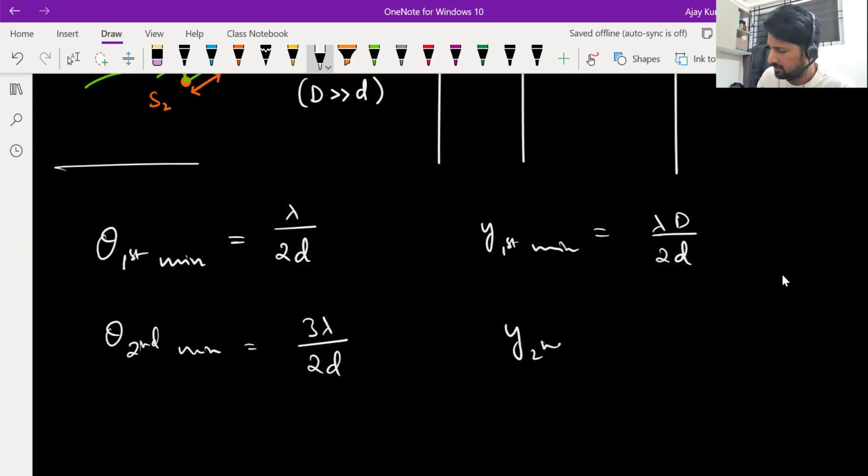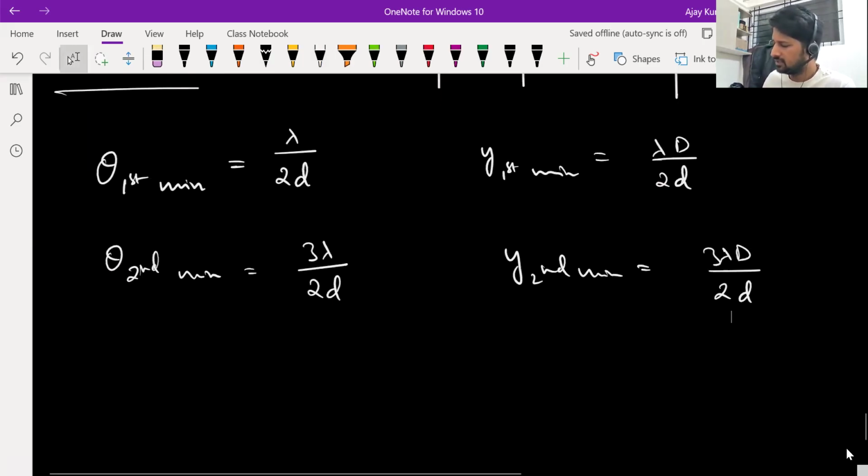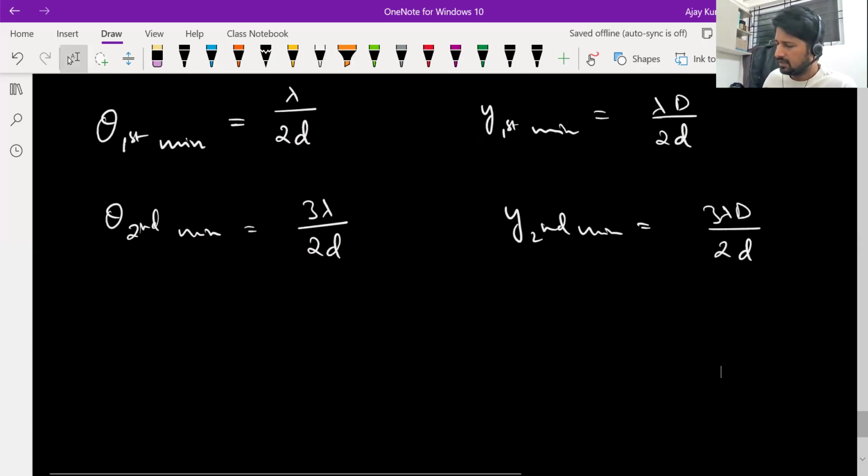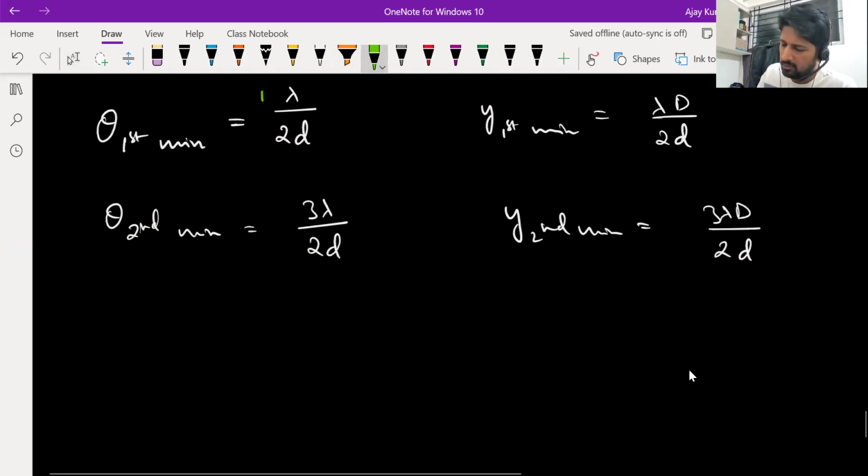Y coordinate of the second minimum is 3 lambda capital D by 2 small d, and so on. We can generalize this. You can see that angular positions of minima are odd multiples of lambda by 2d: 1 lambda by 2d, 3 lambda by 2d, next will be 5, and so on.